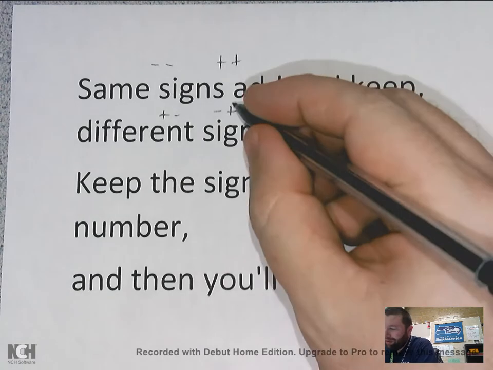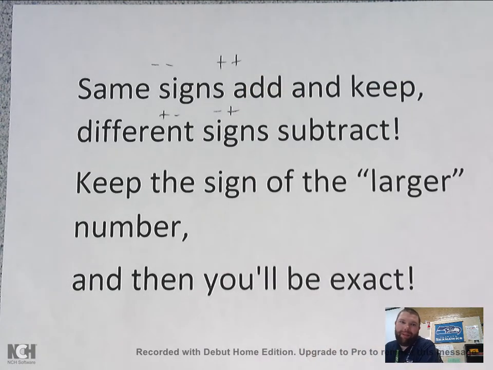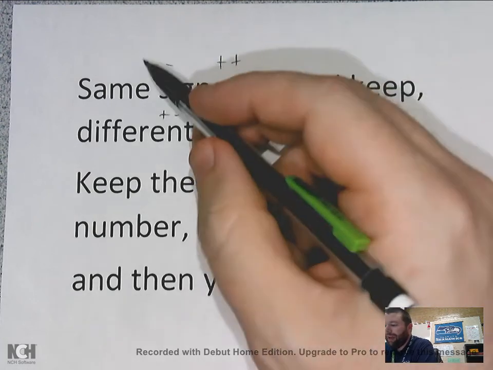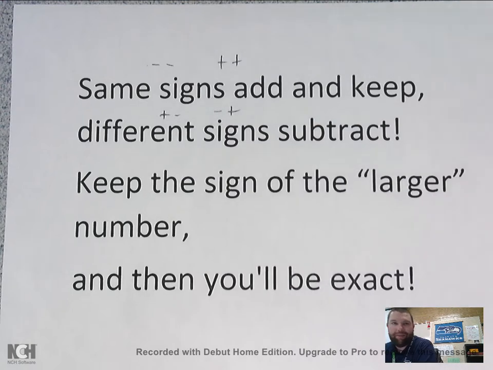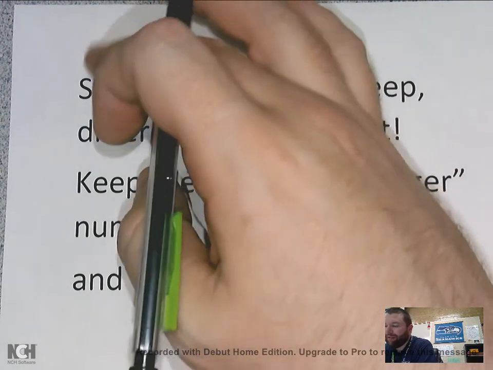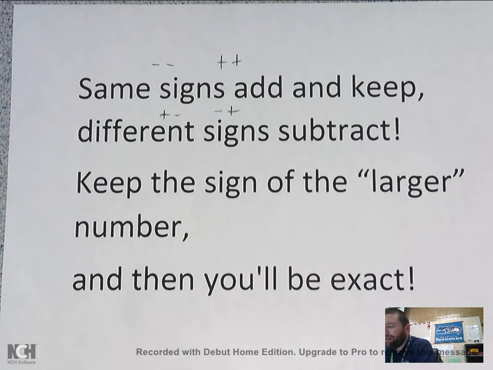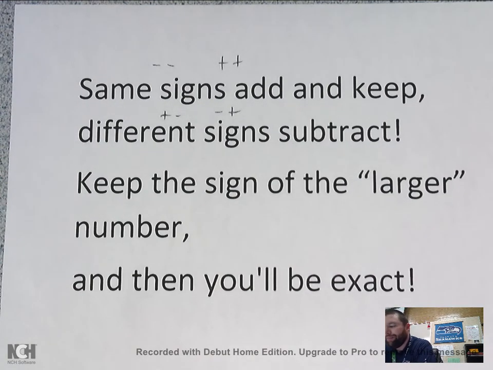If the larger number is a positive, then your final answer is going to be positive, right? And if the number that's negative to begin with is larger, then it would be negative, okay? And that's pretty much it.